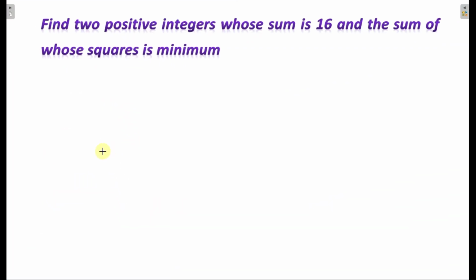This is the problem. This is the next question. Find two positive integers whose sum is 16 and the sum of whose squares is minimum. Now let us assume two positive integers x comma y. Given that sum is 16 means x plus y is equal to 16.